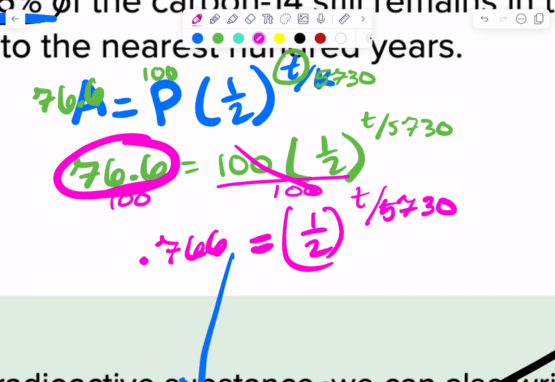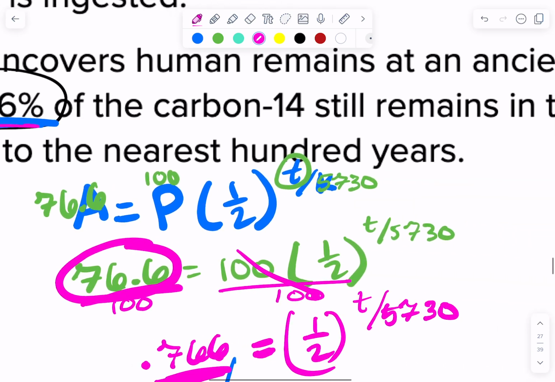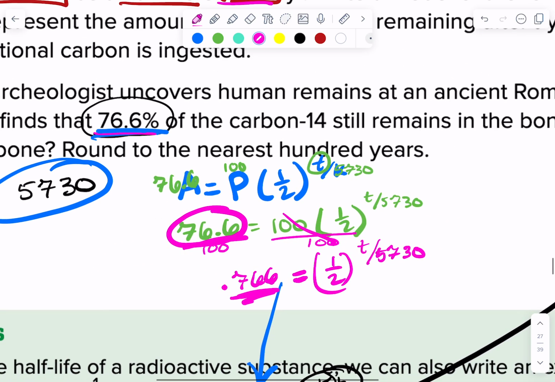Why did I put the point? Because that's 76.6% divided by 100, as a decimal. Does that make sense? We made up the starting amount. It says that 76.6% of the carbon-14 still remains, that's what's left over afterward. So if I start with 100, 76.6 would be left over. If I started with 1, it would be 0.766 left over.